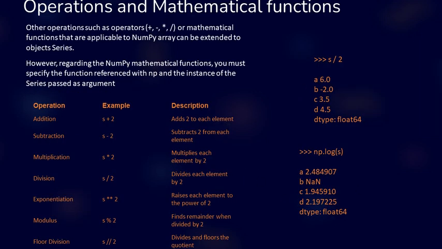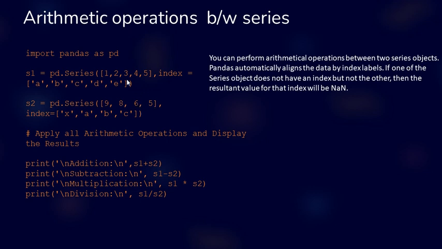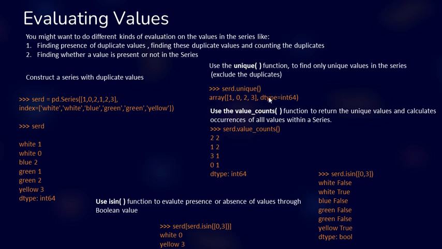You can do scalar operations. You can also add, multiply or divide between the series. You can find unique values within our series, count how many times a particular value is occurring, and you also have the isin function to find out whether a particular value is present or not.